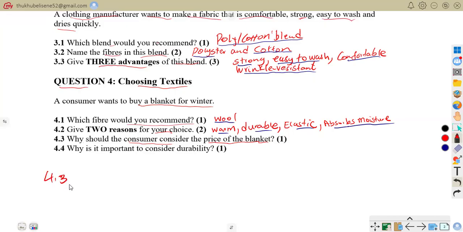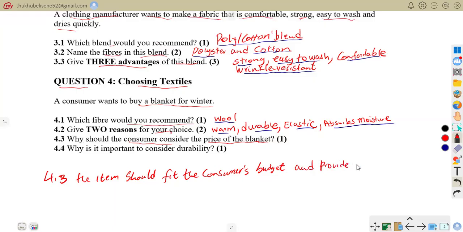That is 4.3. We're saying the item should fit the consumer's budget, and provide value for money.